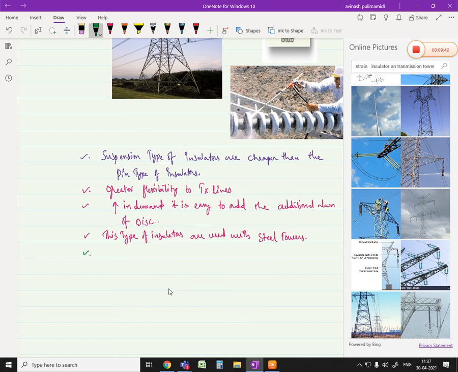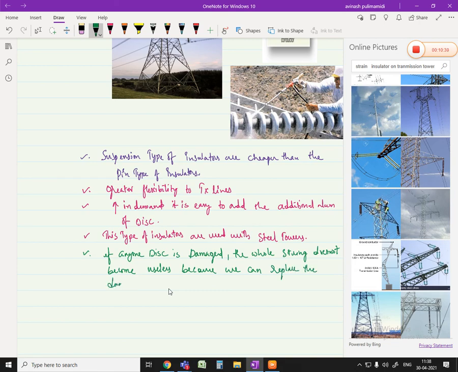The next one: if any one disc is damaged, the whole string does not become useless, because we can replace the damaged disc.